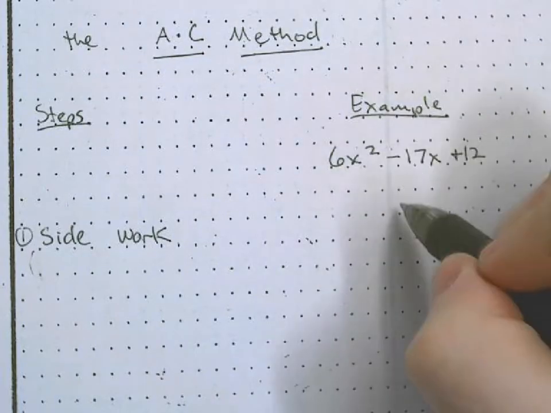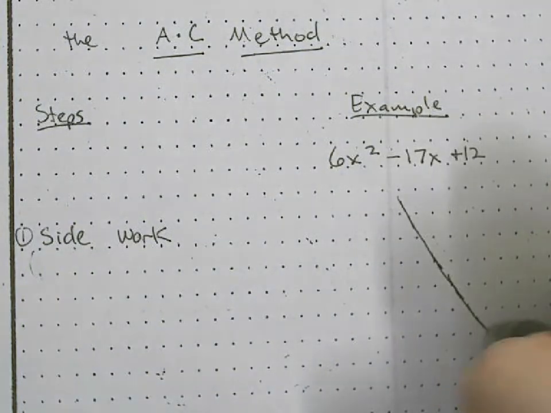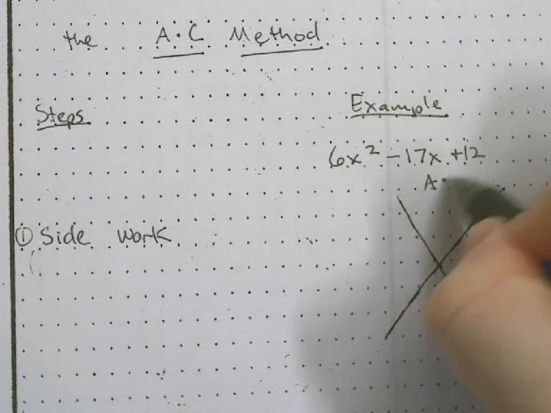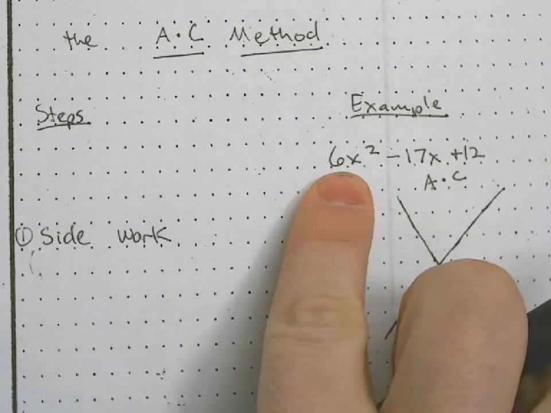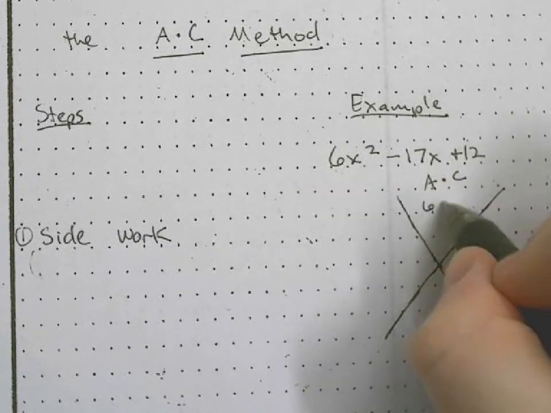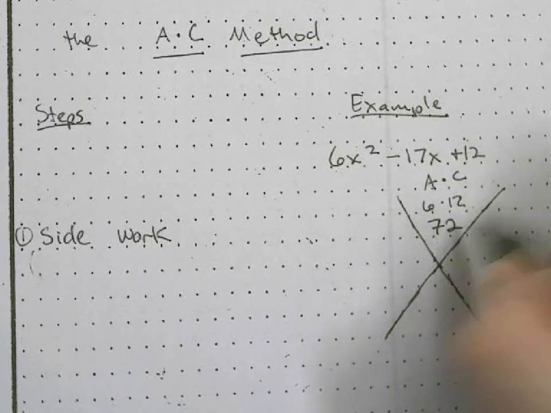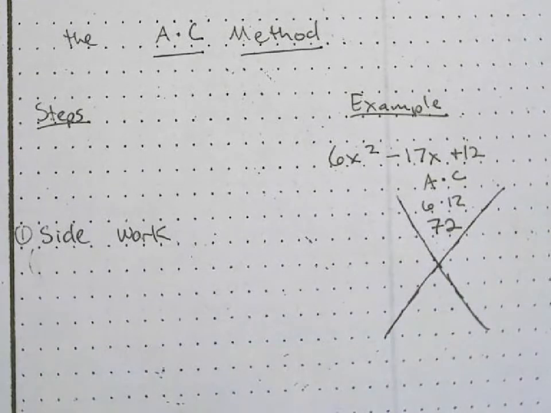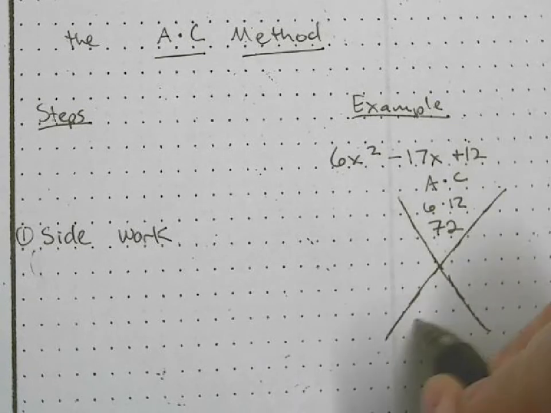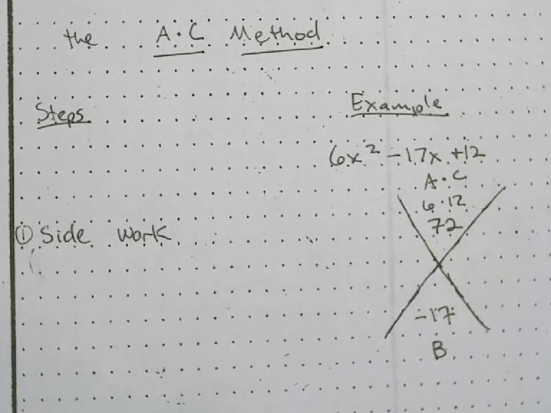It's just a place where we organize. We'll draw this giant X, and it's called the AC method because I'm going to multiply A times C. 6 times 12 is 72. And in the bottom, we put our B term, which is negative 17.